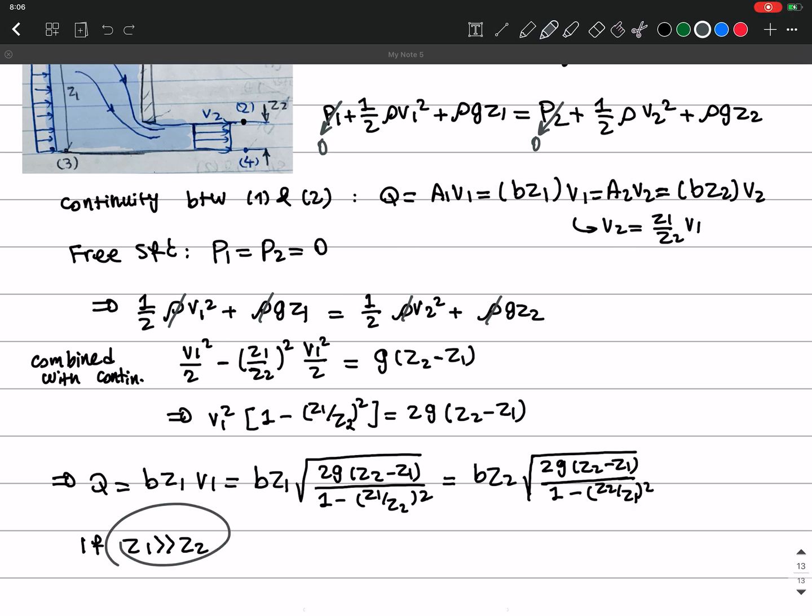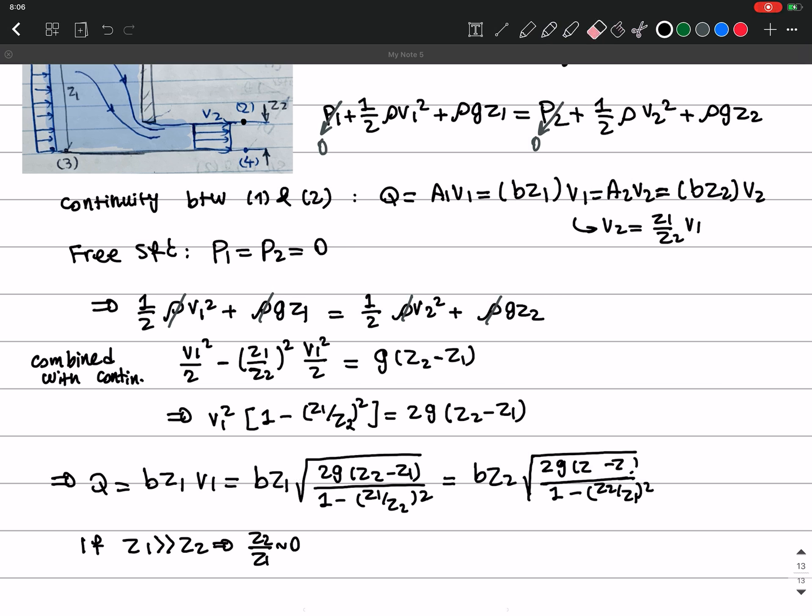If we assume this, then Z2 over Z1 is about 0. And I think I made a small mistake here.